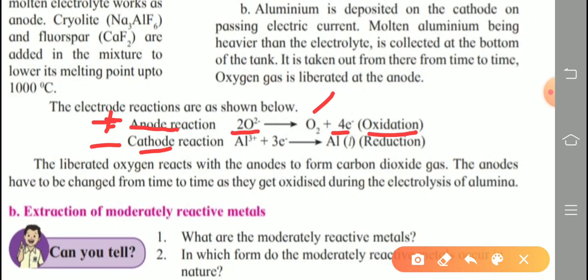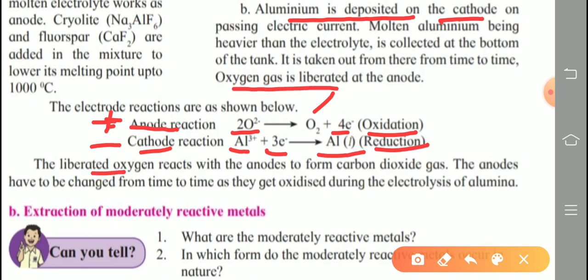What is the cathode reaction? The cathode is the negative electrode, so towards this negative electrode the positively charged aluminium ion is attracted and deposited, as shown here. Clear? In the above explanation, aluminium is deposited on the cathode. See there, I am showing the underline. So aluminium requires 3 electrons, gaining 3 electrons, aluminium comes to a liquid, molten state. It is a reduction. The liberated oxygen reacts with the anode.